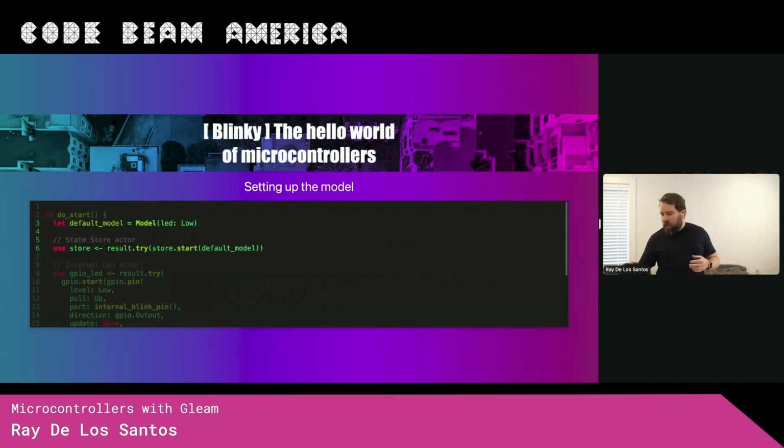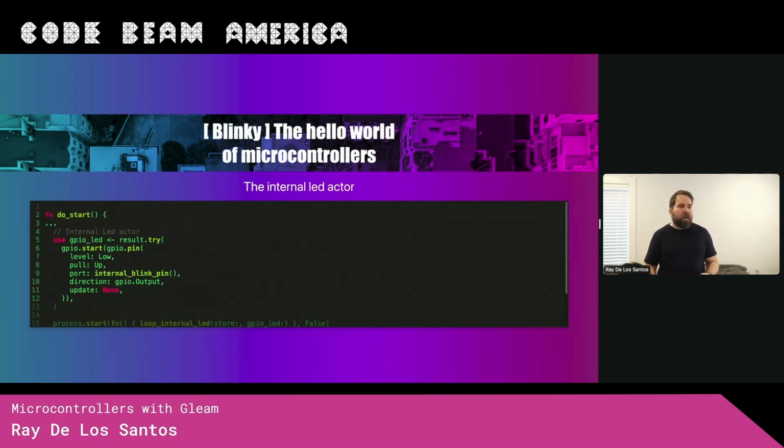After that, we're going to go to the internal LED actor. The internal LED actor is, as I previously explained, another actor in the INSI framework, which is actor-based. What we are doing here is setting up the initial state of the actor with the pin information.